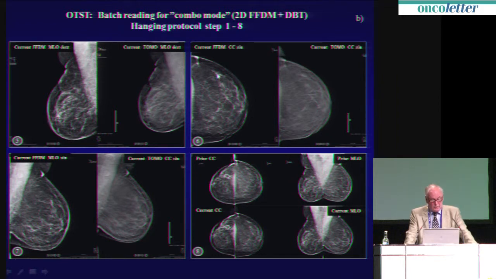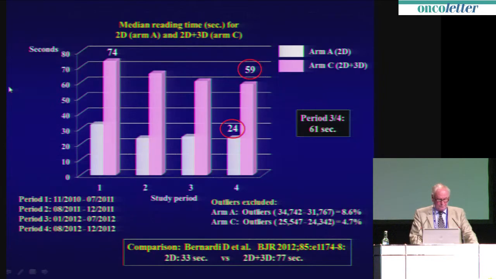Then we move to the left breast, CC and MLO. And the first step, once again, at the end: did I miss any developing densities or developing masses? Of course, the advantage of using such a hanging protocol is, if you see something on the tomo, you can immediately compare it with the 2D.